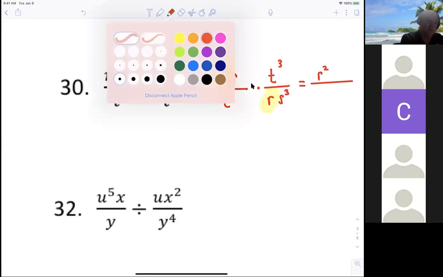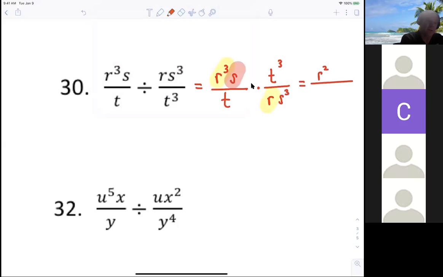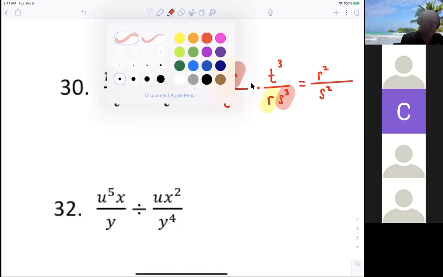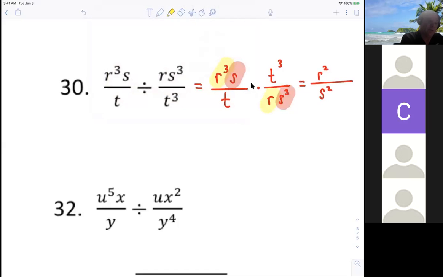Now I want you to look at s, and s cubed leaves me s squared on the bottom. And then of course we have t cubed and t, which leaves me with t squared on the top. All right.